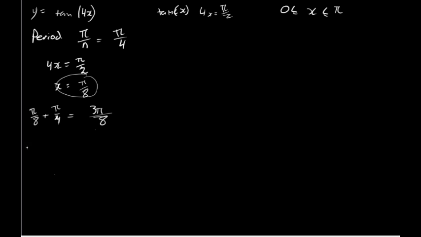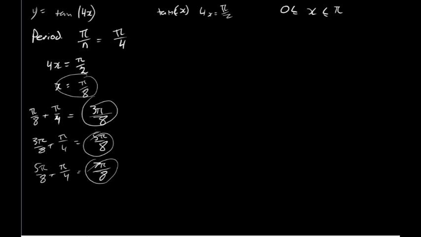We're still less than a full pi, so let's keep going. 3 pi on 8 plus pi on 4 will give us 5 pi on 8. And again, we can do another one. 5 pi on 8 plus pi on 4 will give us 7 pi on 8. And if we kept going, we'll end up outside our domain. So these are all our asymptotes. So 1, 2, 3, and 4.